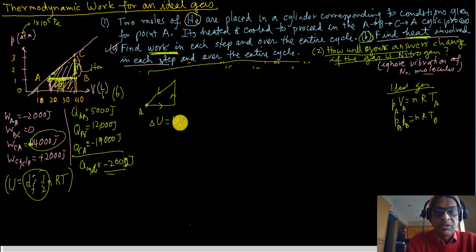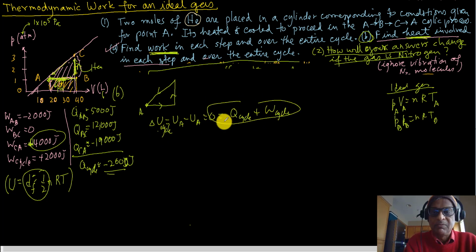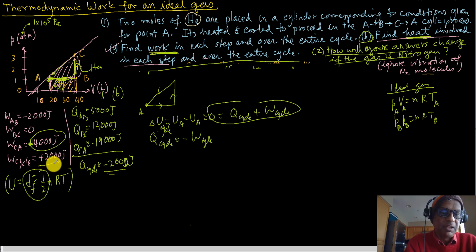Delta U is U at A minus U at A, so that's 0. Delta U is 0 in the cycle. That means this should equal Q cycle plus W cycle. So if this is 0, then Q cycle should be equal to minus W cycle. And you can see W cycle is 2000, Q cycle is this.